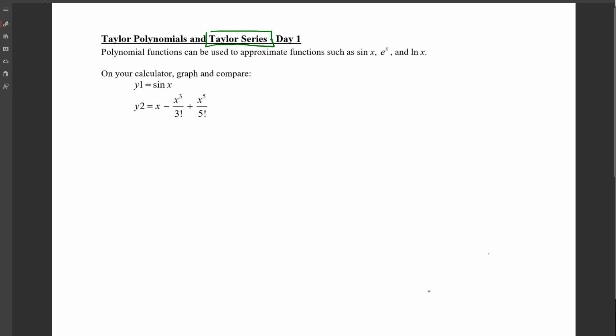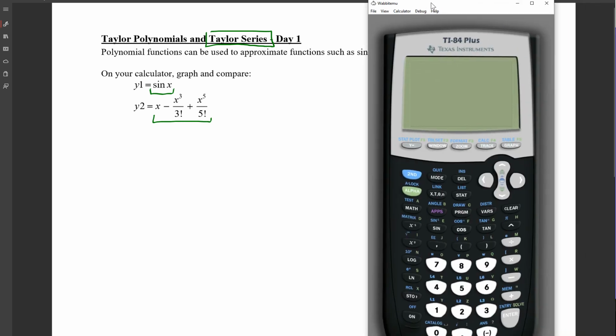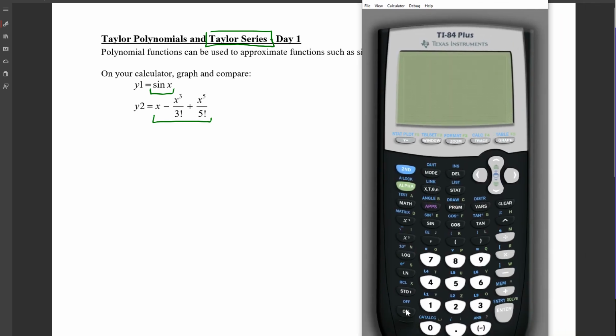So we're going to start out by saying that we think sine x can be written like this in polynomial form. To show you the difference between the two, I'm going to bring my calculator over here, and you could take your calculator out also. This is a very popular illustration to show the Taylor series of sine x.